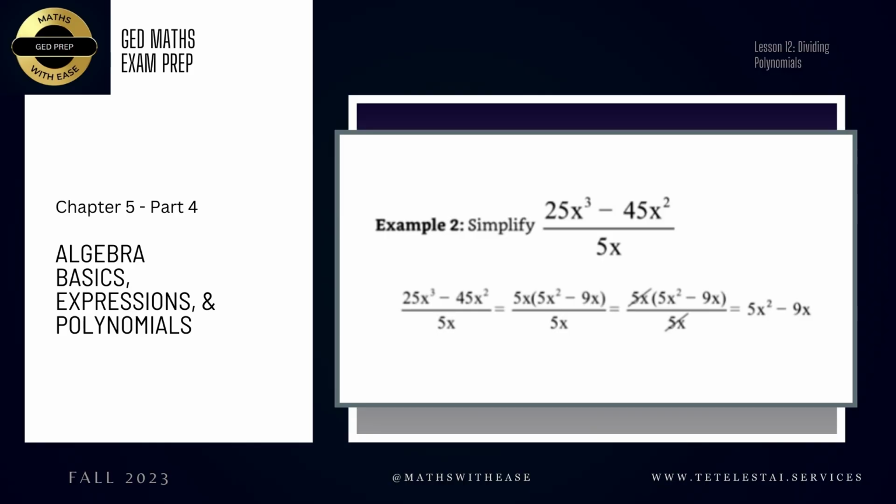Why? Because when you're factoring out, you're essentially just dividing, right? So you know that 5 is a factor of 25 and 45. So if we draw out 5 from 25, it's the same as dividing, right? So 25 divided by 5 is 5. 5 times 5 is 25. So that's where this 5 is coming from.